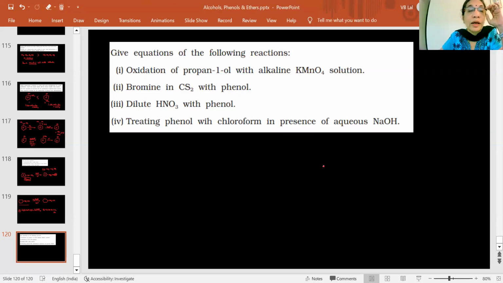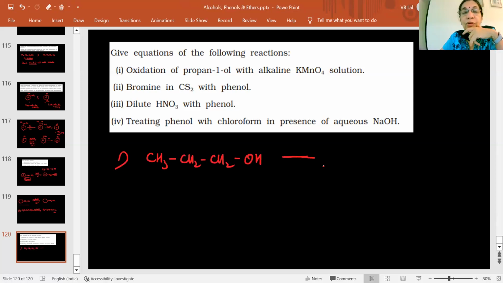Oxidation of propan-1-ol with alkaline KMnO4. So what is propan-1-ol? CH3CH2CH2OH, right? What is the reagent I have to use? Alkaline KMnO4. That means oxidizing agent.